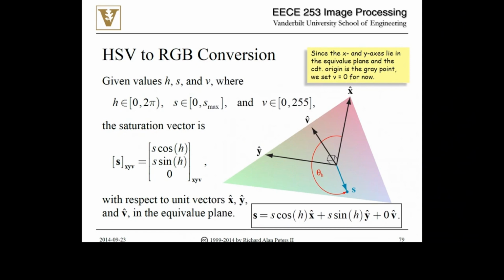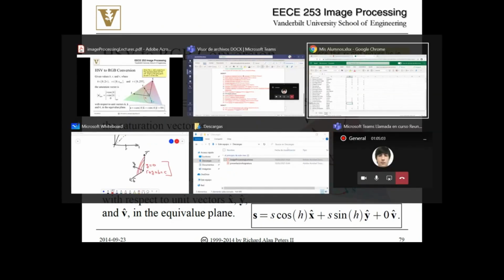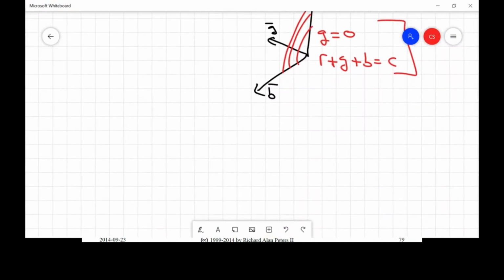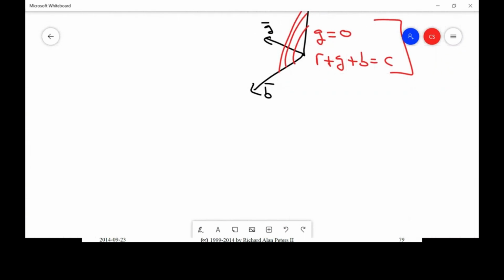Now, let's say that I want to put that S not in the coordinate system of the XYV, but in the coordinate system of RGB. So let's see what we are doing.